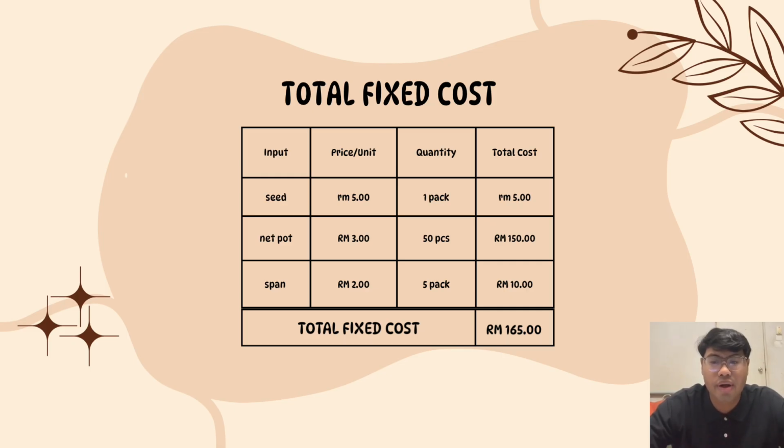For net pot, the price per unit is 3 ringgit. We use 15 pieces and the total cost is 150 ringgit. For spine, the price per unit is 2 ringgit. We use 5 packs and the total cost is 10 ringgit. So the total fixed cost is 165 ringgit.